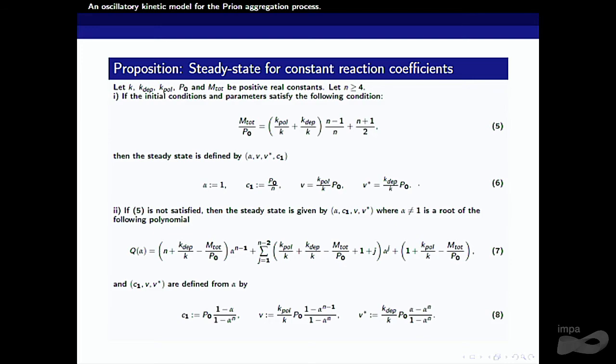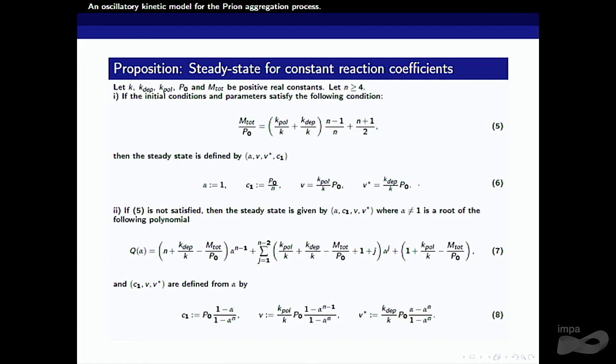So this is not really realistic, when in our system n is really big, close to infinity.